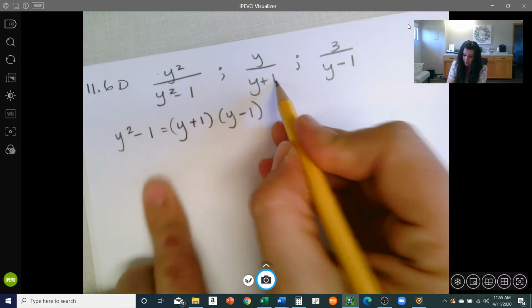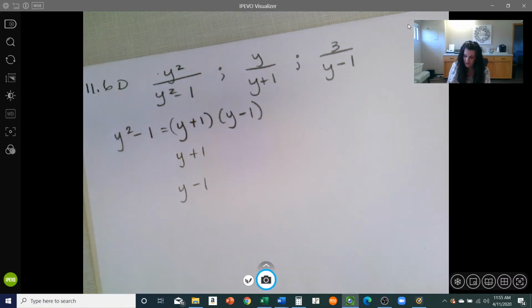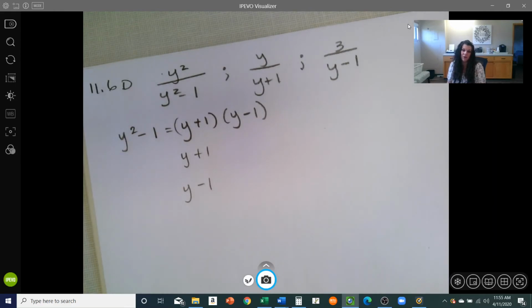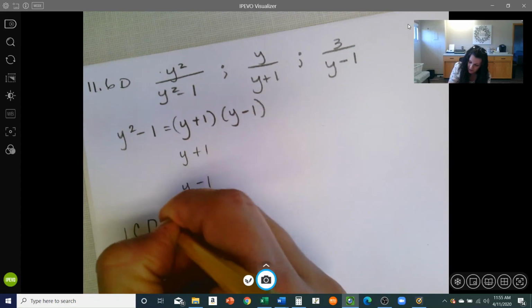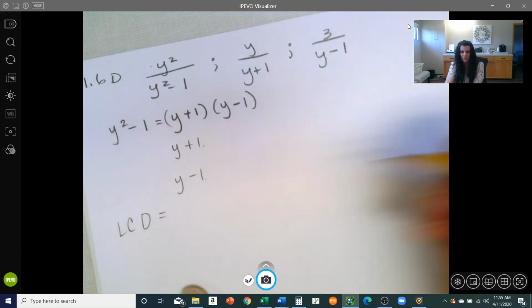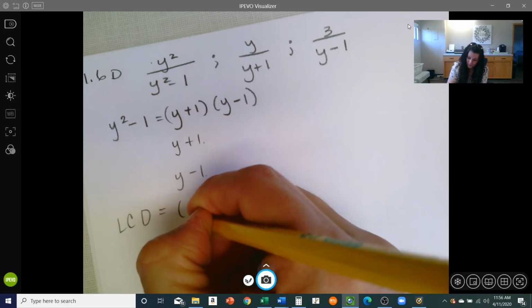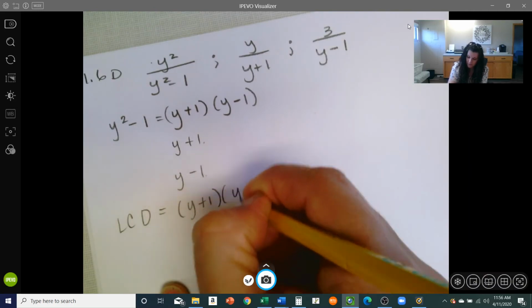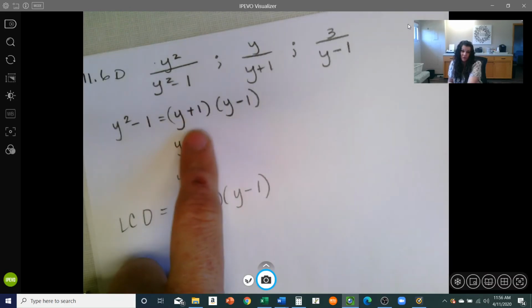Okay, now these ones are already factored. I can't do anything with y plus 1 or y minus 1. So my least common denominator, using all 3 of the denominators I have, is going to be what? So it'll be y plus 1 times y minus 1. It's going to stay the same as this first one.